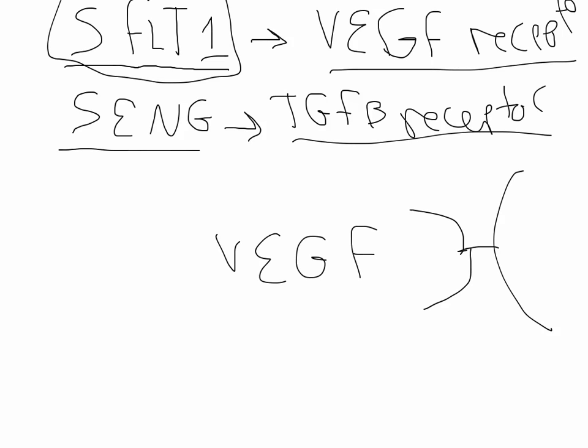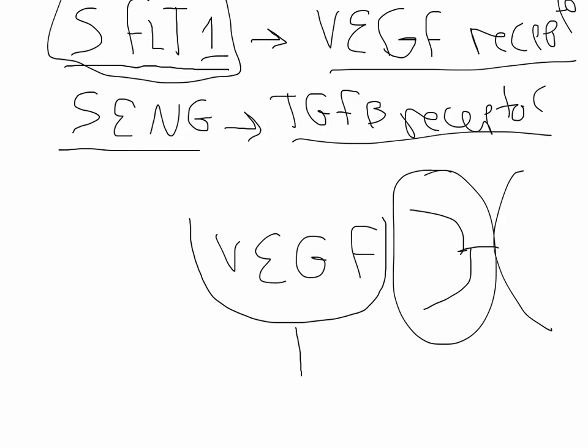However, if you have soluble receptor floating around, it's going to bind to this VEGF and trap it and prevent it from acting on its normal receptor. VEGF typically will maintain the health of the vascular endothelium, and it can also cause proliferation and growth of the vascular endothelium. So these vessels, especially the vessels in the kidney, require VEGF just for their normal health.